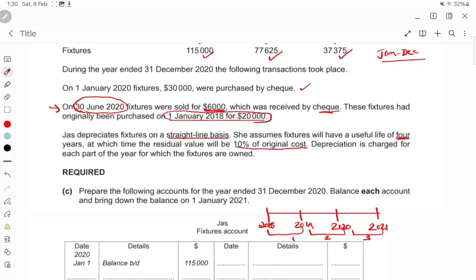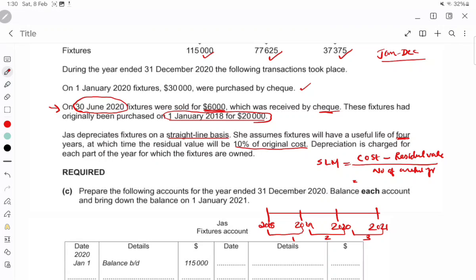So what is the equation for the straight line method of depreciation calculation? In the straight line method, it is the cost price of the particular non-current asset minus residual value, divided by number of useful years.